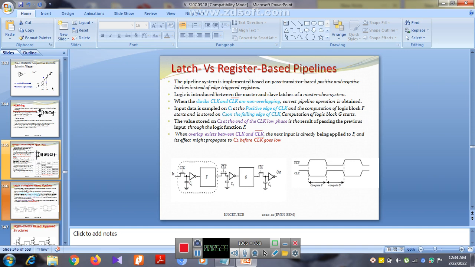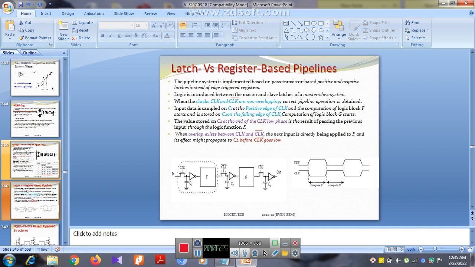When overlap exists between clock and clock bar, the next input is already being applied to F, and its effect might propagate to C2 before CLK bar goes low, so the pipeline operation does not work correctly.